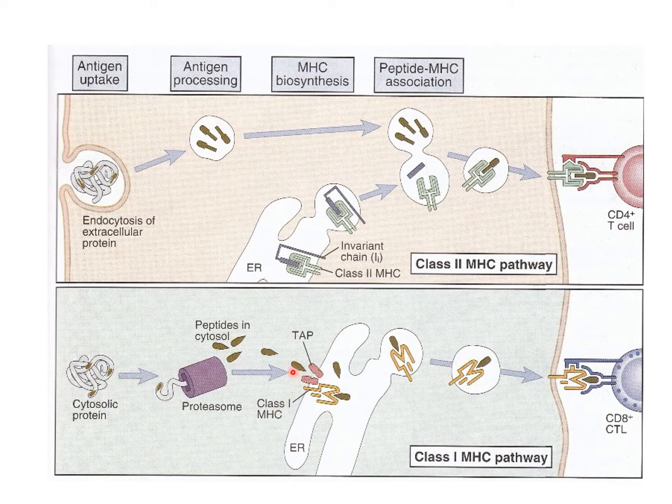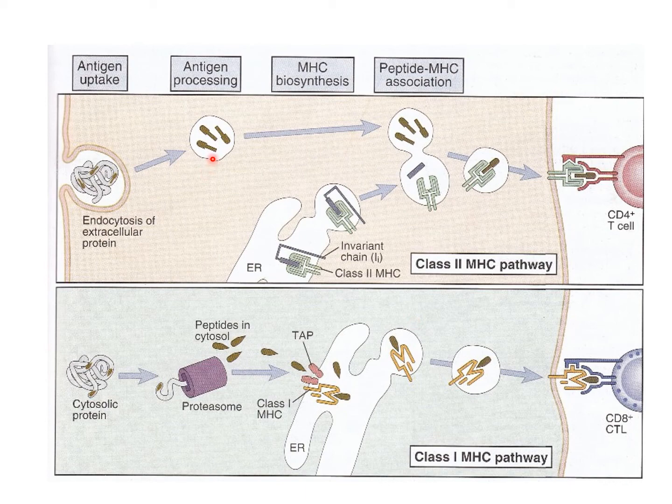Here the binding of the foreign antigen to the MHC class 1 occurs within the ER, and then it is exocytosed to the surface of the cell on the MHC class 1, and it is going to be recognized by the CD8.